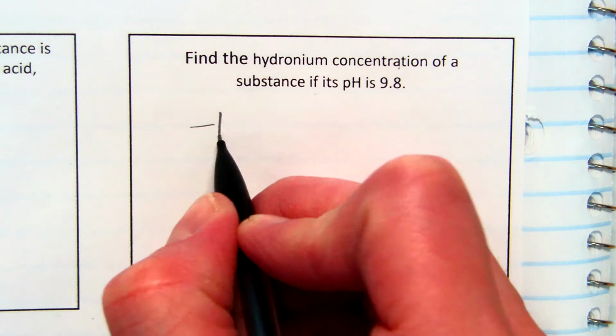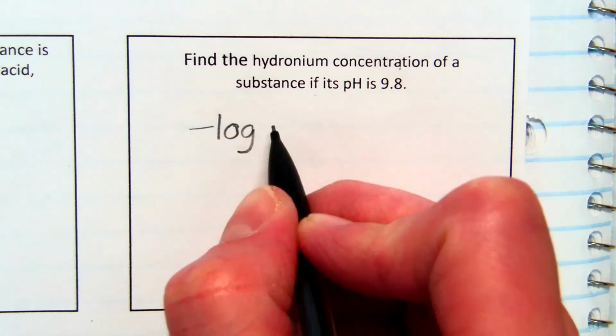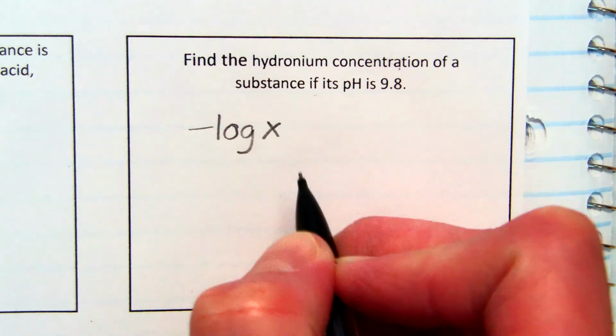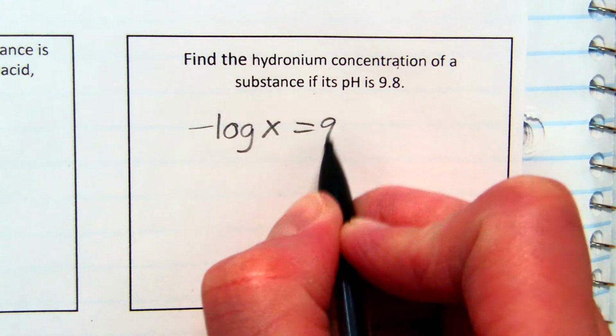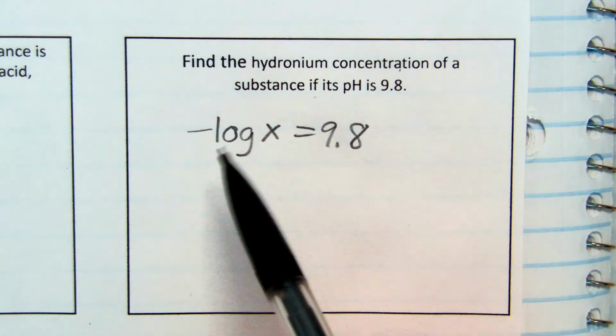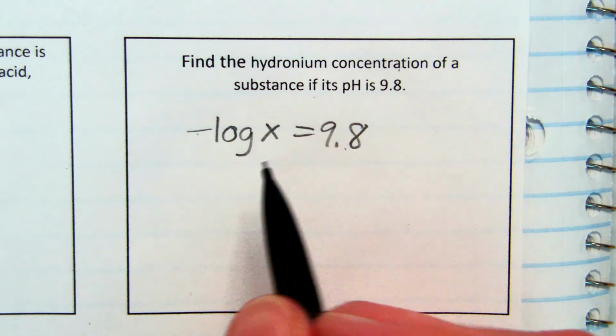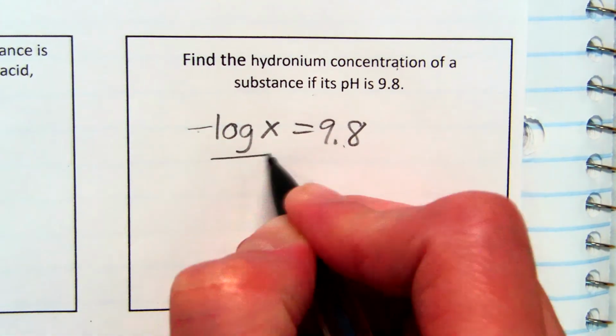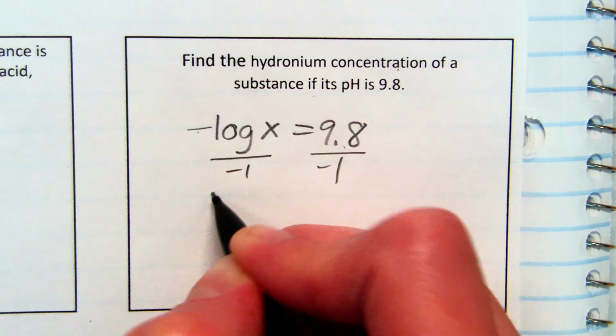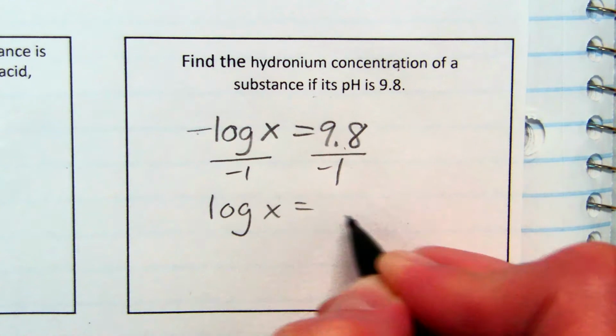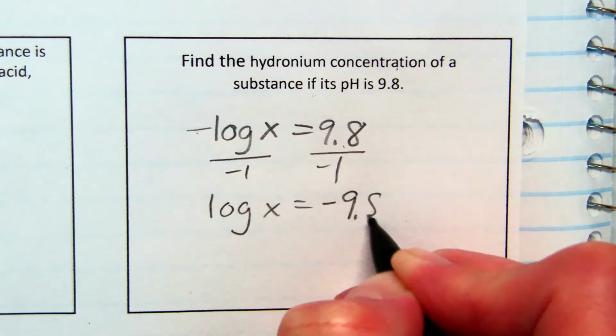So the formula is negative log of what we're looking for. So I'm going to call it negative log of x and set it equal to 9.8. Before I can rearrange anything to solve this, I want to get rid of the negative. So basically just divide both sides by negative 1. It'll just change the sign. So I'll have log x equals negative 9.8.